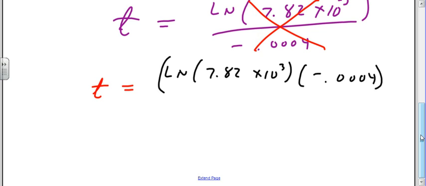We can just go times 0.0004 squared and come up with 1.94 milliseconds. Is that what I'm supposed to get? 0.194 milliseconds. Huh? We don't remember? 0.194 milliseconds.